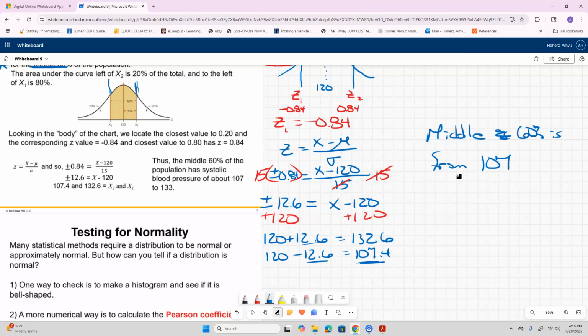Like 120 over 80 is considered, in most cases, normal. This would be the first number, and then to 133. That's a little bit more than the middle 60% because we had to round the 133 up and the 107 down, but it's approximately 107 to 133 for that top number of your blood pressure, your systolic.